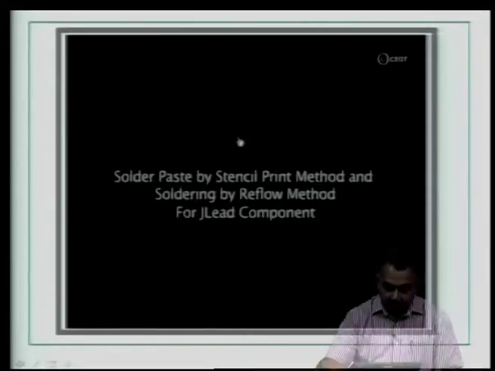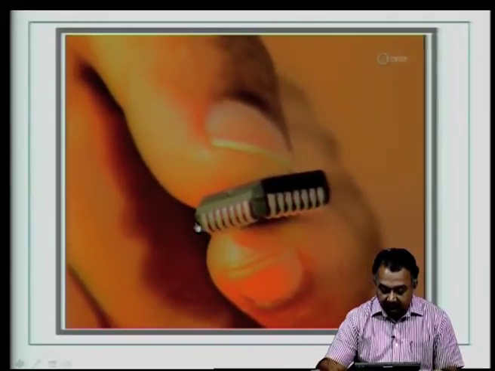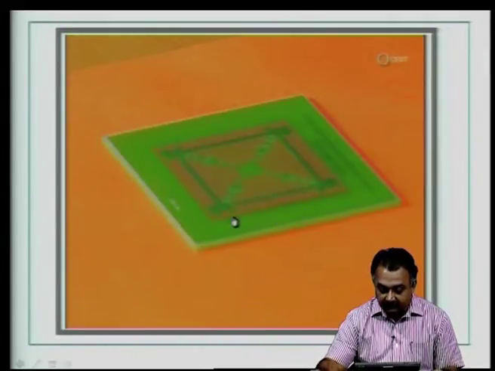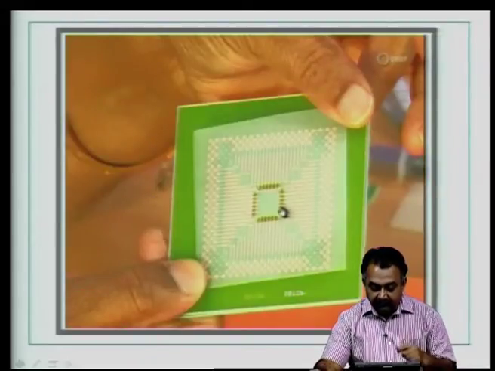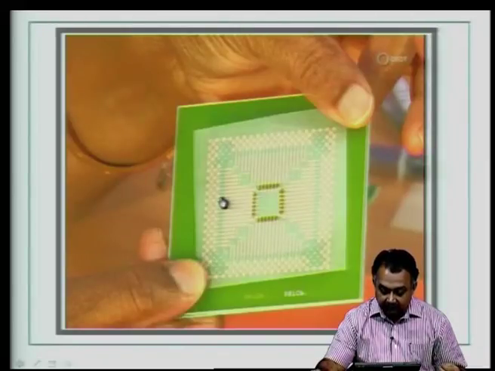Now, we can see the similar process that is used for a J leaded component. As you know, there are various components with a J bent configuration. So, here again the landing pads are inside, and this is the footprint for such a package, and here you can see that the stencil has been created for such a foot pattern.